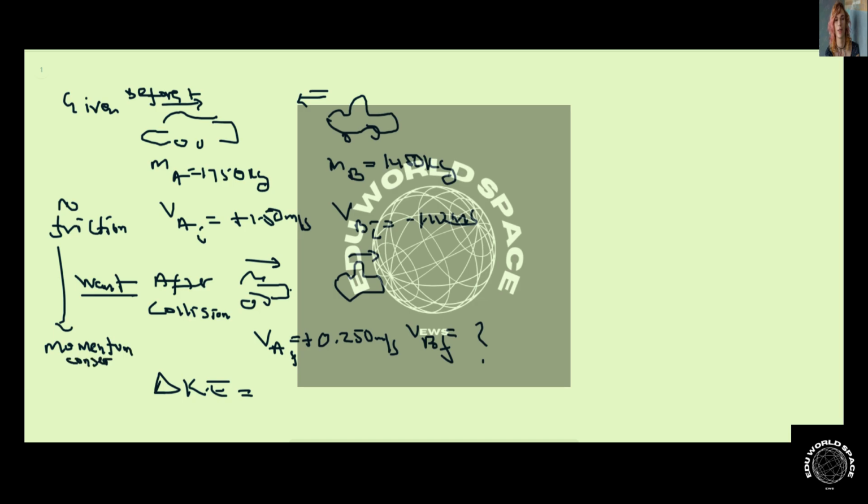We have conservation of momentum. That's what's going on in this case. Change in kinetic energy simply is the final kinetic energy of the system minus the initial kinetic energy of the system, and that means we have to account for both the kinetic energy of the two cars.